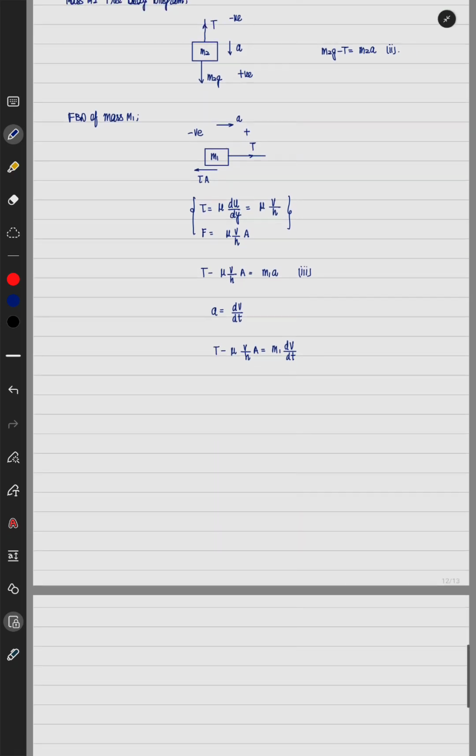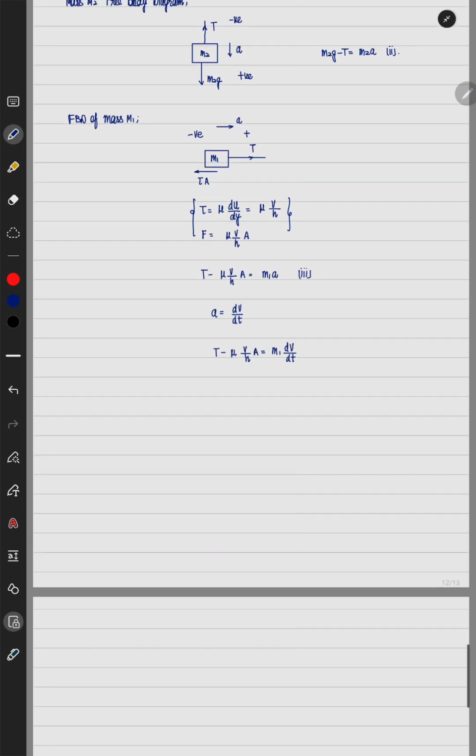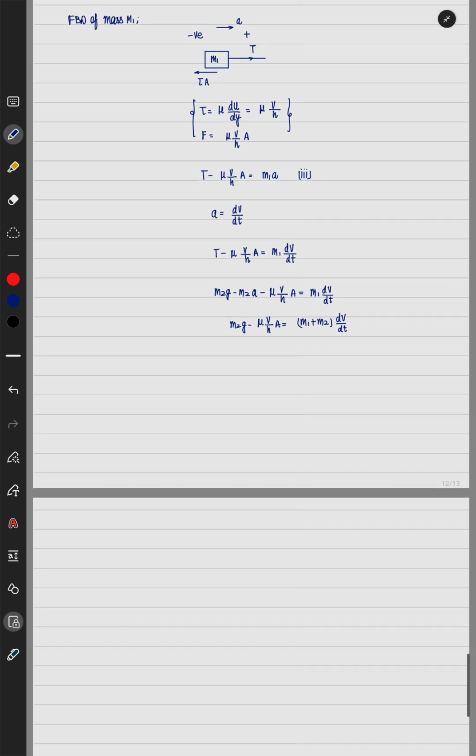So from equation 2, T is equal to m2g minus m2a, so m2g minus m2a minus mu into v by h into A is equal to m1 into dv by dt. That gives m2g minus mu into v by h into A equal to m1 plus m2 into dv by dt. Note that both the accelerations will be the same because the problem says the string is inextensible. So whatever acceleration we encounter in mass m2, the same acceleration can be seen at mass m1.